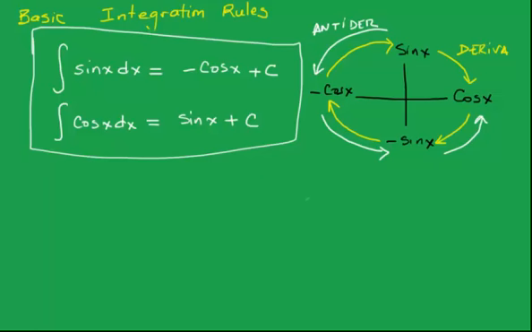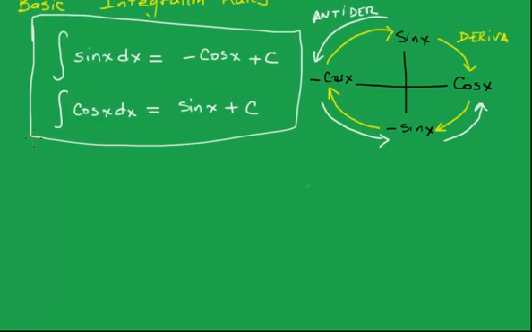Now let's use that and find an antiderivative of a function. And within this, I'm going to introduce another property of integrals. Let's say you want to find an antiderivative of 5 cosine of x minus sine of x dx.